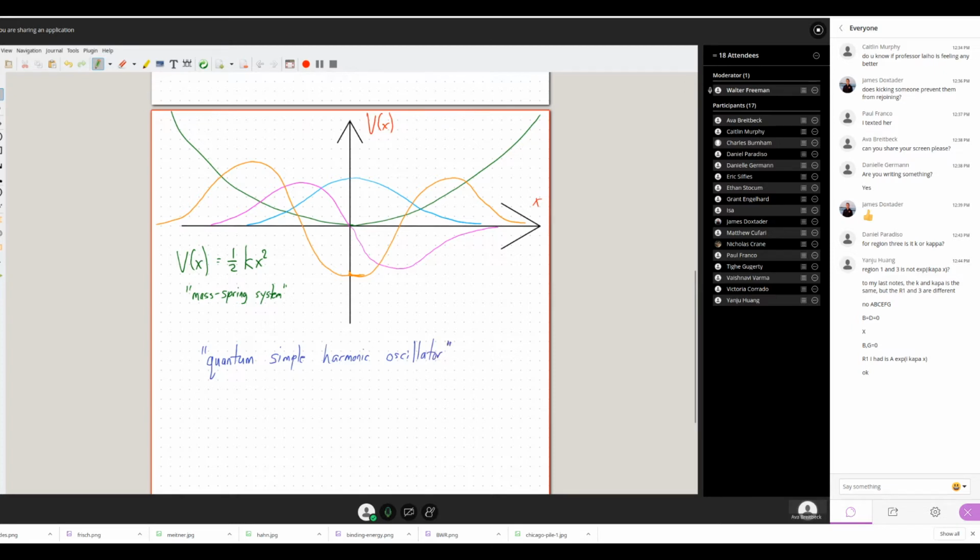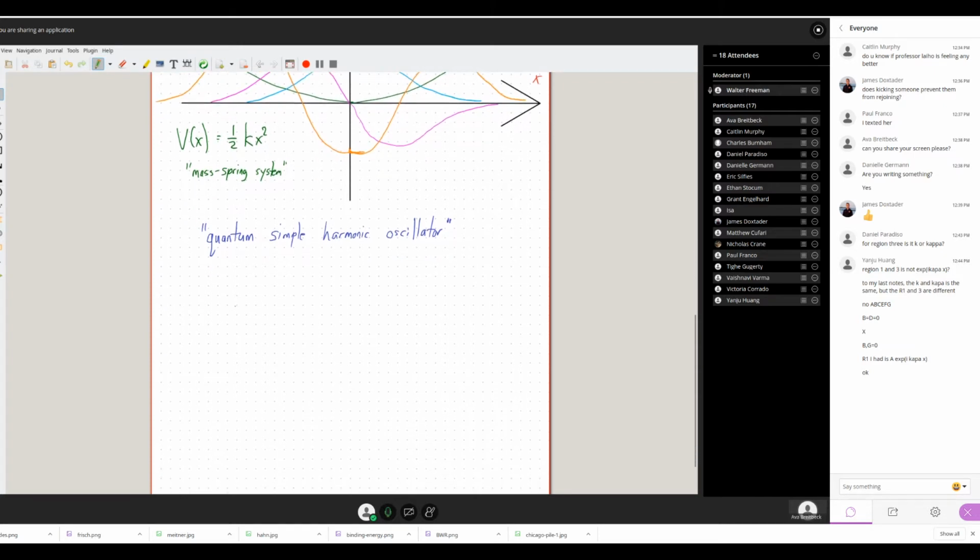And the thing that you need to know here: the wave functions psi of x, shown above, are actually complicated. But the energies are very simple.